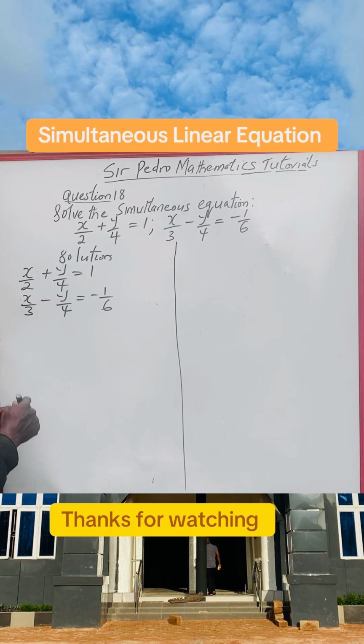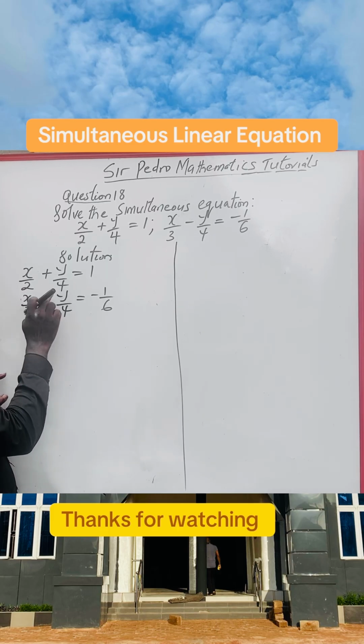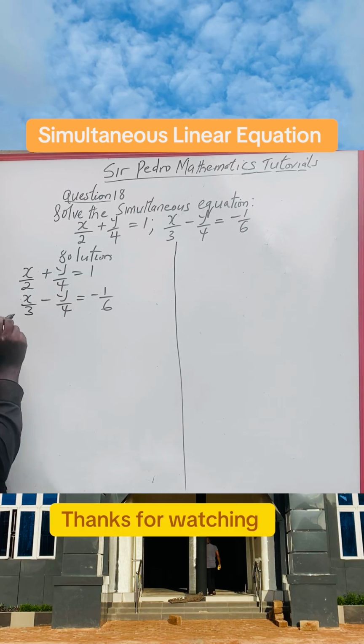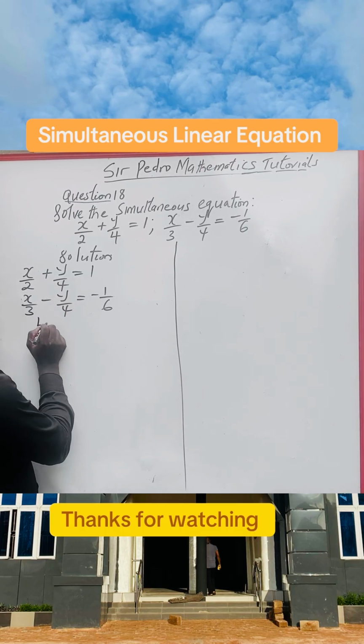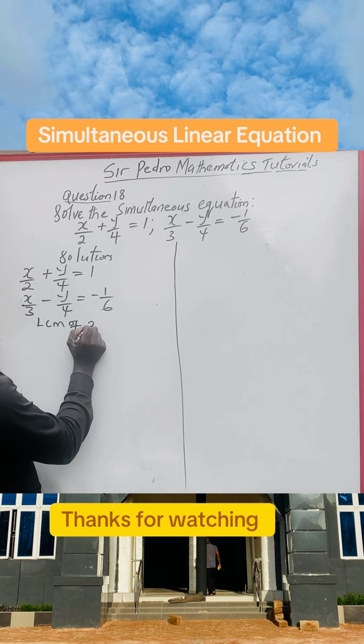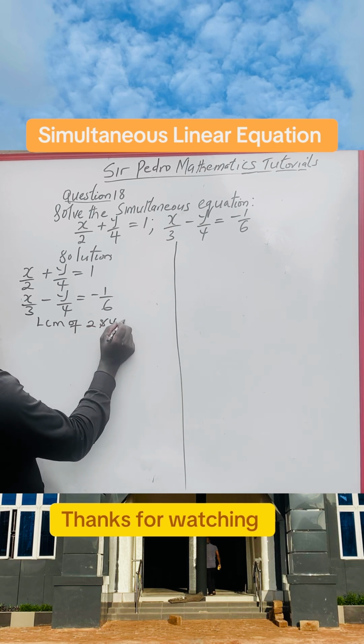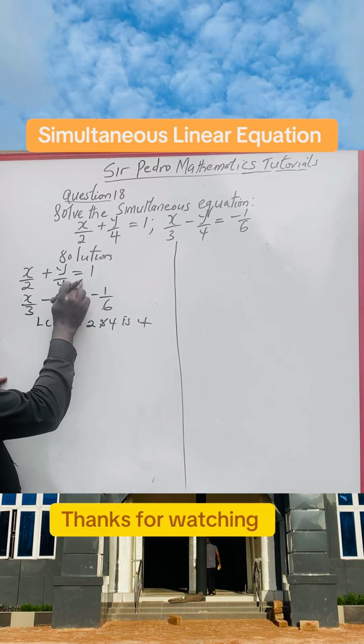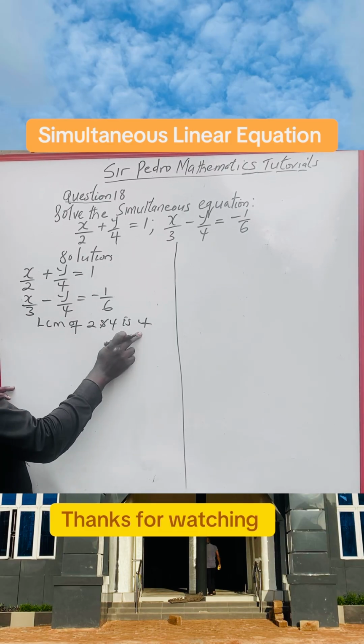From the first one, we take the LCM of the denominators, and the LCM of 2 and 4 is 4. So what we do now is to multiply this one by 4.